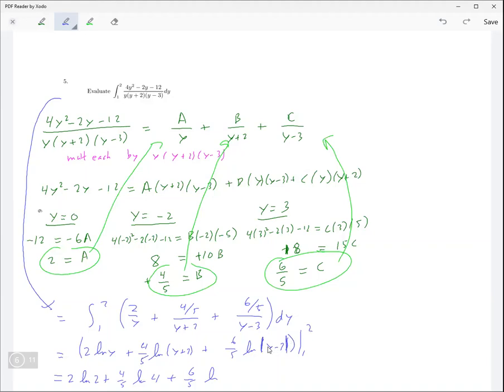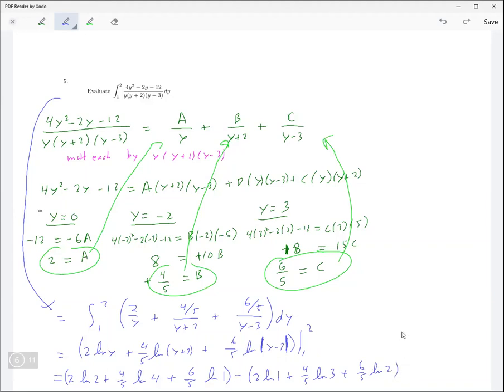So if you put a 2 in here, you get 2 minus 3, that's -1, so that's an absolute value of -1 is 1. Okay, now you subtract, put a 1 in and subtract. So that gives you 2 log 1 plus 4/5 log 3 plus 6/5 log, you put a 1 in here, you get -2, which is absolute value is 2.